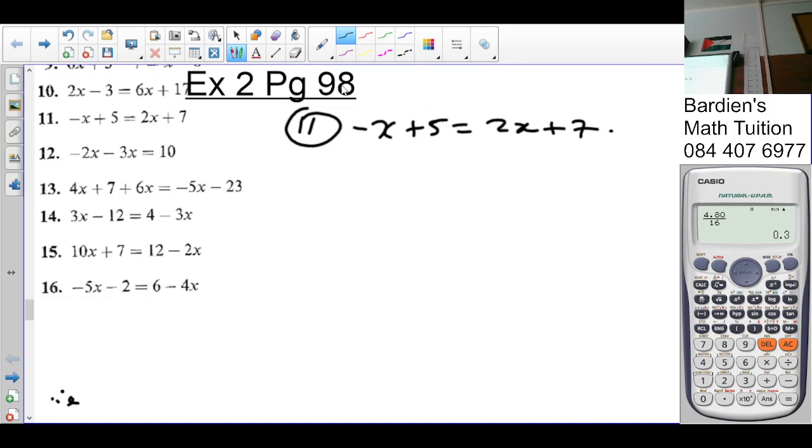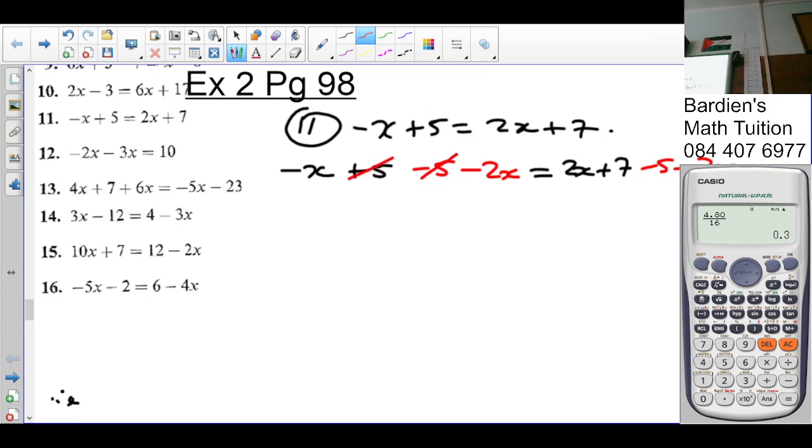Two x, you wrote negative x plus 5 minus 5 is?